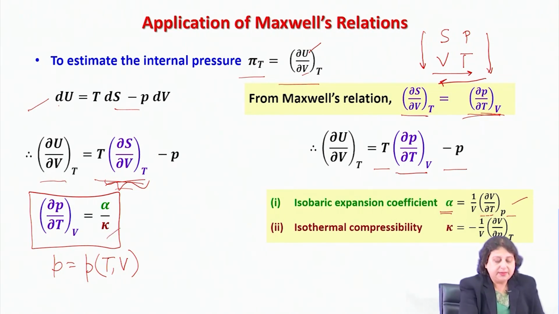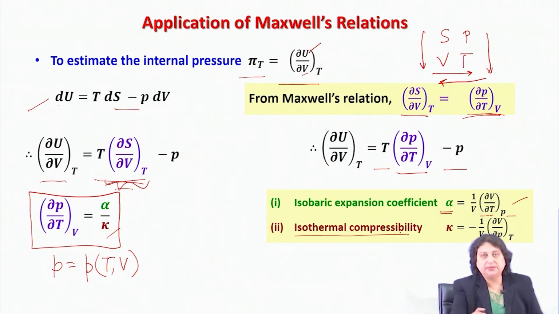Now, what is kappa? Let me remind you that kappa is nothing but the isothermal compressibility, and by definition, this is the quantity that you measure when you have kept the temperature constant, you are varying pressure, and you are looking at the fractional change in volume, and you measure the fractional decrease in volume with increasing pressure.